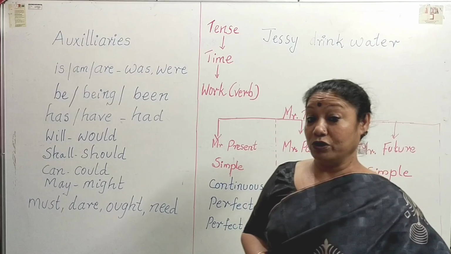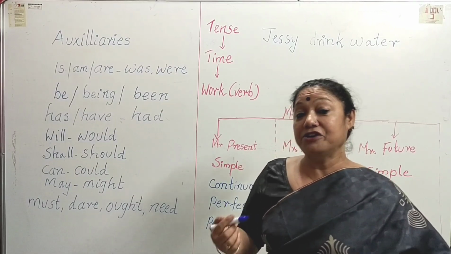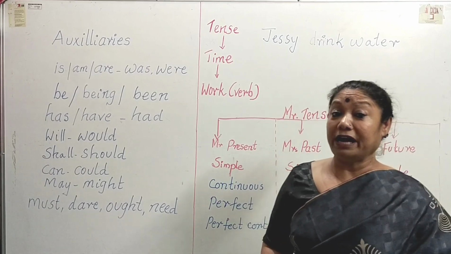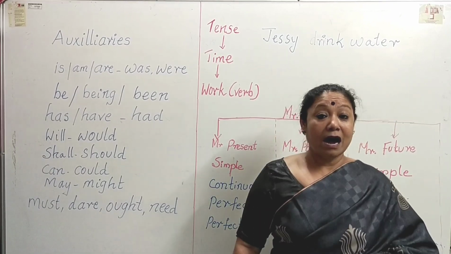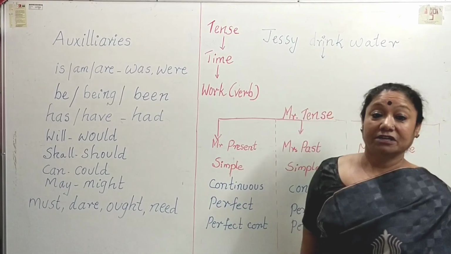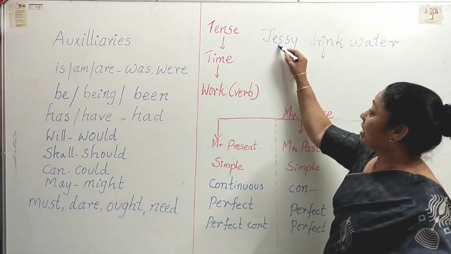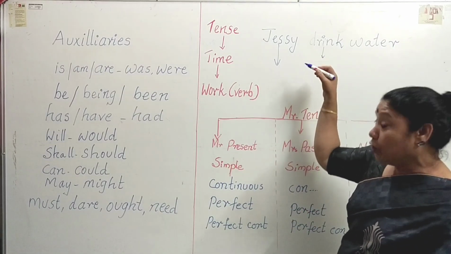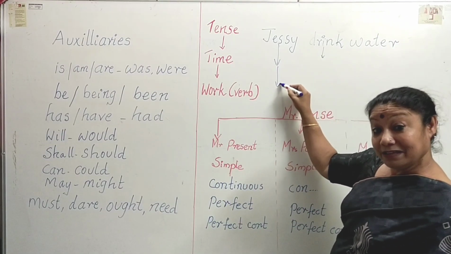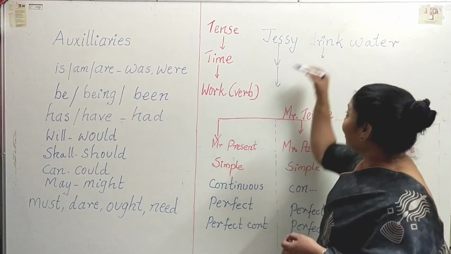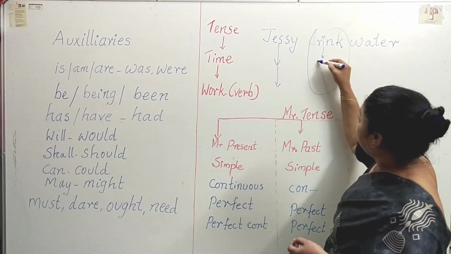Today's matter, or very often my habit: I drink water very often. Now if I want to talk about yesterday's affair, Jessie drank water. This changes, whereas Jessie remains the same. If I talk about the future, that is tomorrow, again Jessie will remain the same. Jessie will drink water. So what is getting changed over here?